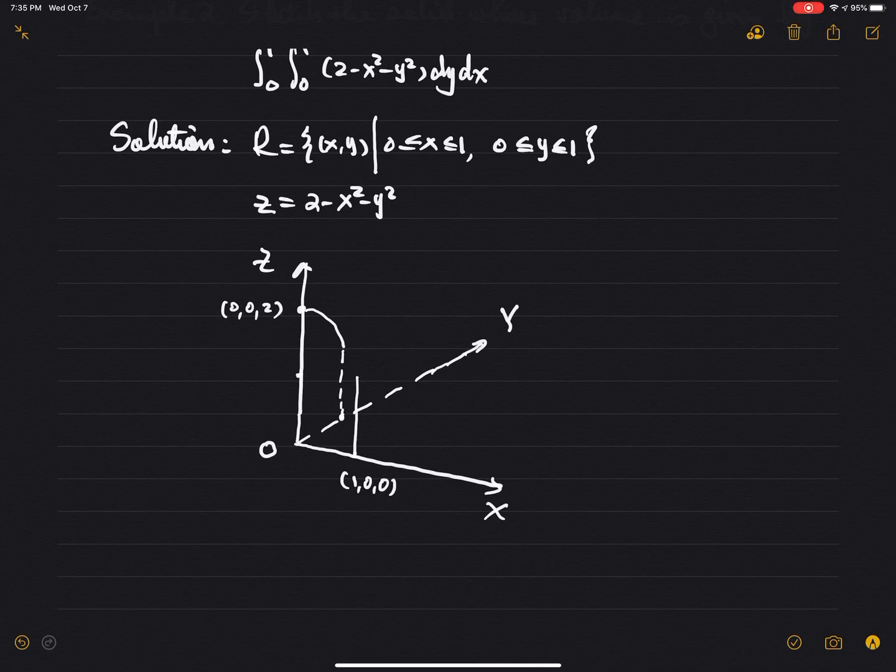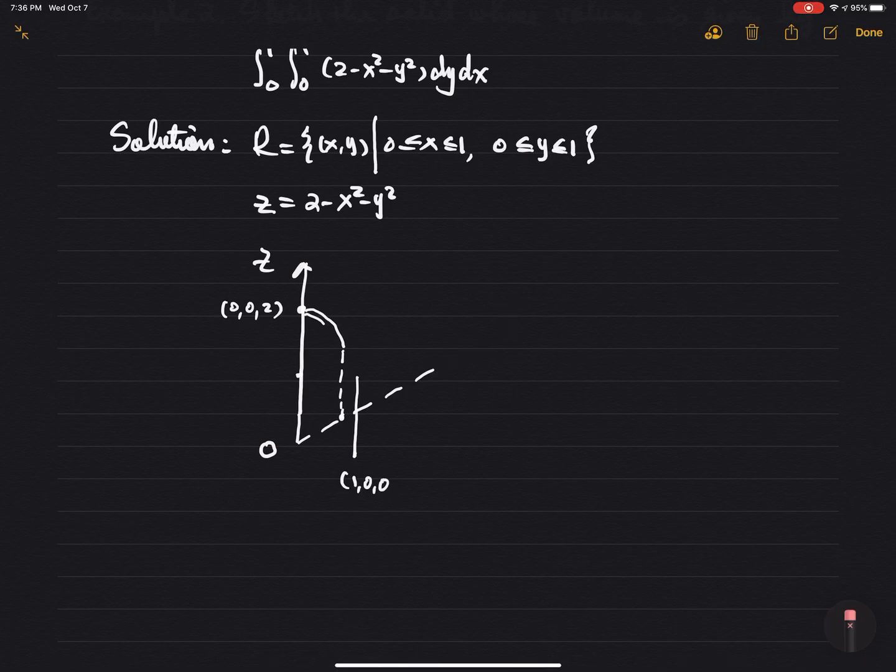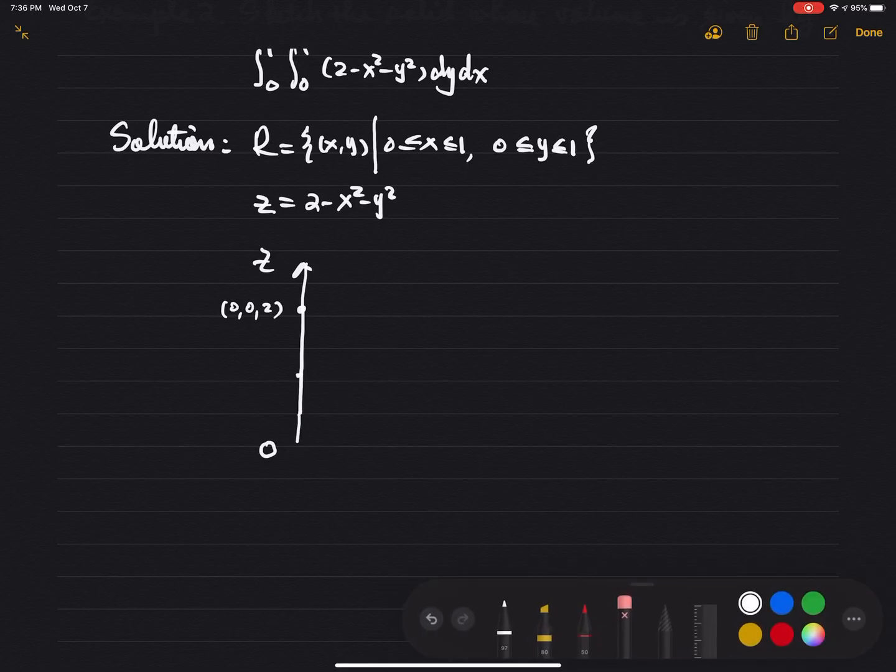When y equal to 0, then z equal to 2 minus x squared. I think I need to change the angle a little bit larger, because otherwise it's going to be blocking.